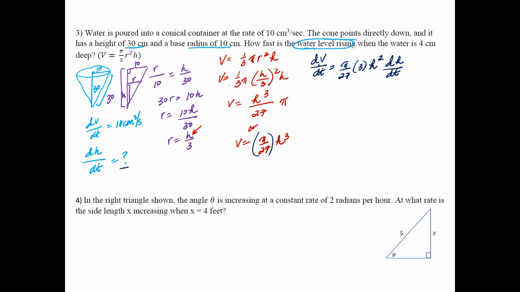You also know that dV over dt is 10 centimeters cubed per second, so I'll put 10 is going to equal that. I can go ahead and simplify this if I divide by 3 on both sides. Oh, actually, you know what? Before I do that, I can actually even figure out what height is, because I know that my height is going to be... hold on one second, let me see here.